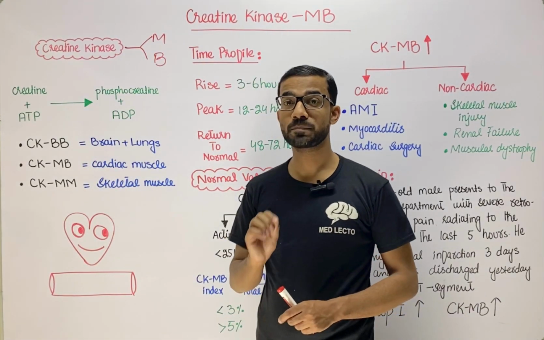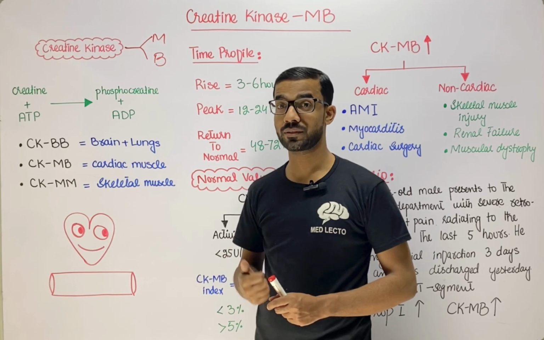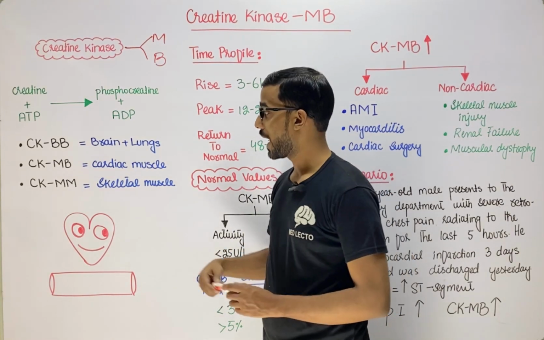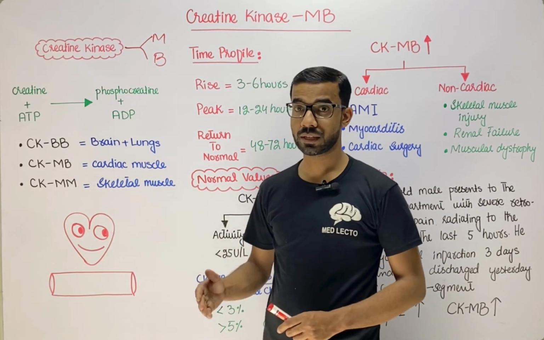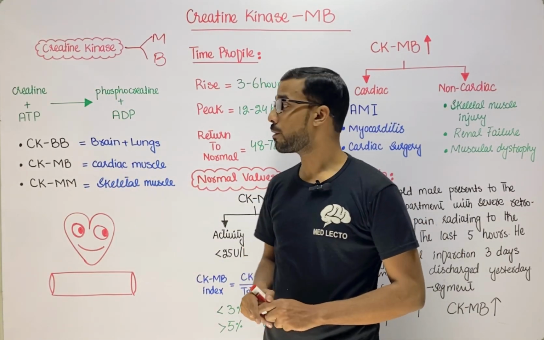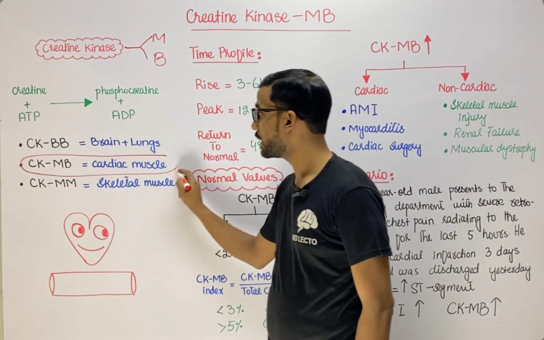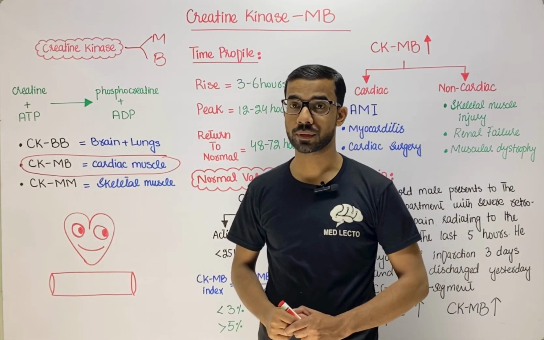CKMB is specifically related to the cardiac muscles, and the cardiac muscles release the CKMB. And CKMM is present in the skeletal muscles. So our main target will be CKMB, that is related to the cardiac muscles.